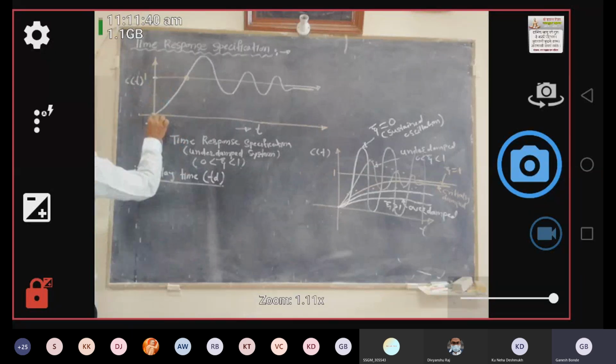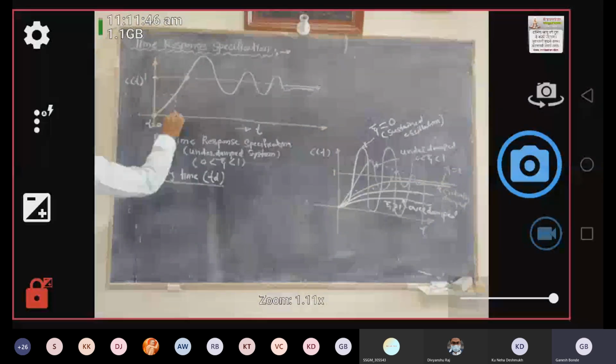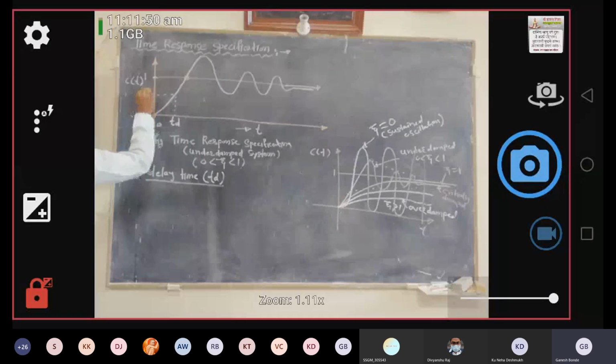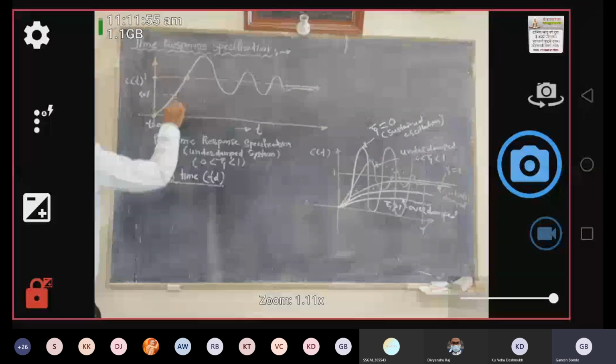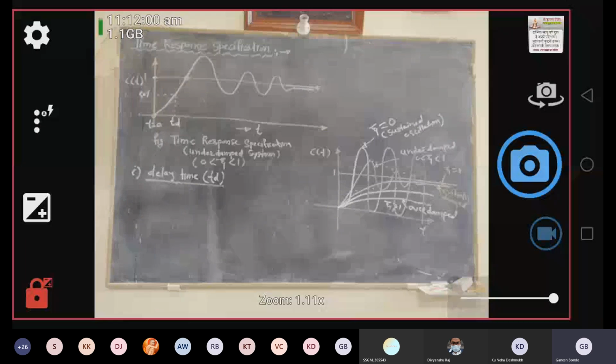When your time response reaches 50% of its value, the time corresponding to it is denoted by td. Let's say this is the 50% magnitude. The time corresponding to this point is called the delay time td. So we have just defined the delay time td.